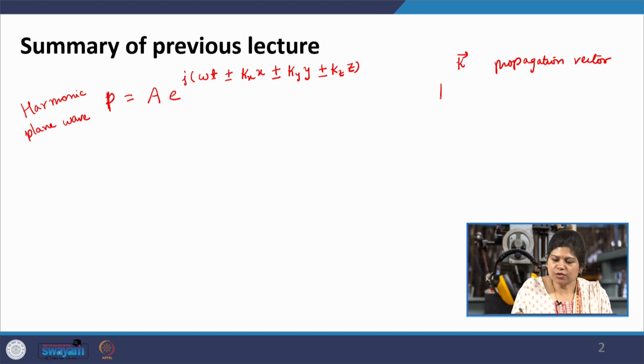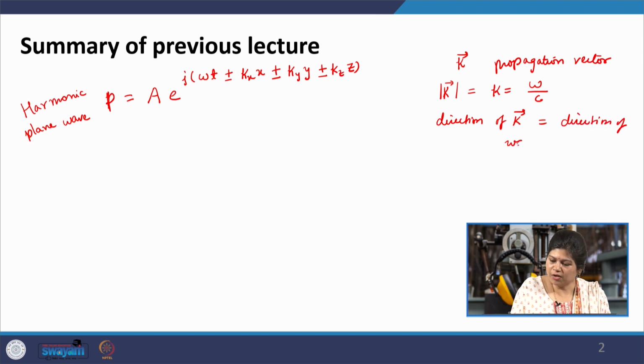This propagation vector is a vector, so it has a magnitude and a direction. The magnitude is simply the wave number k, which is omega by c. This relationship has been derived, and the direction of the vector k is the same as the direction of the wave front propagation.